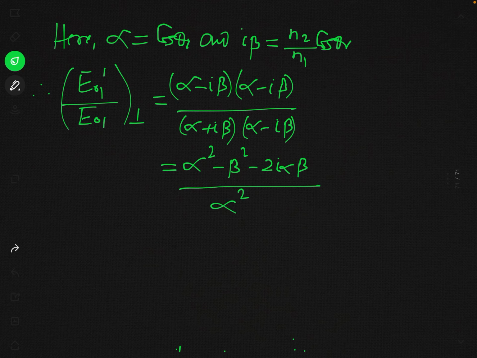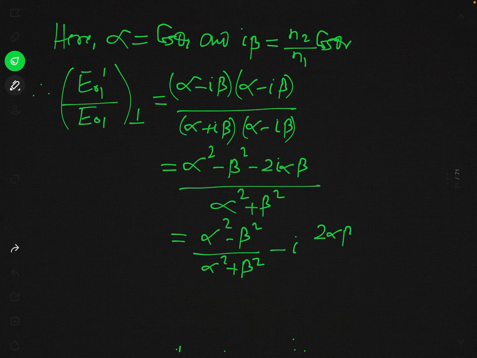The product in the denominator, alpha plus I beta times alpha minus I beta, is alpha square plus beta square. So we can write this expression as alpha square minus beta square over alpha square plus beta square, minus I times 2 alpha beta over alpha square plus beta square. Let us say this is equation 1.